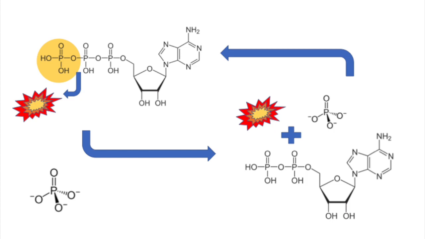And in fact, the conversion between ADP to ATP and then back again is the actual mechanism by which energy is created or stored, more accurately, and then used to power all sorts of different reactions in the cell. Think back to our diagram that we just saw.